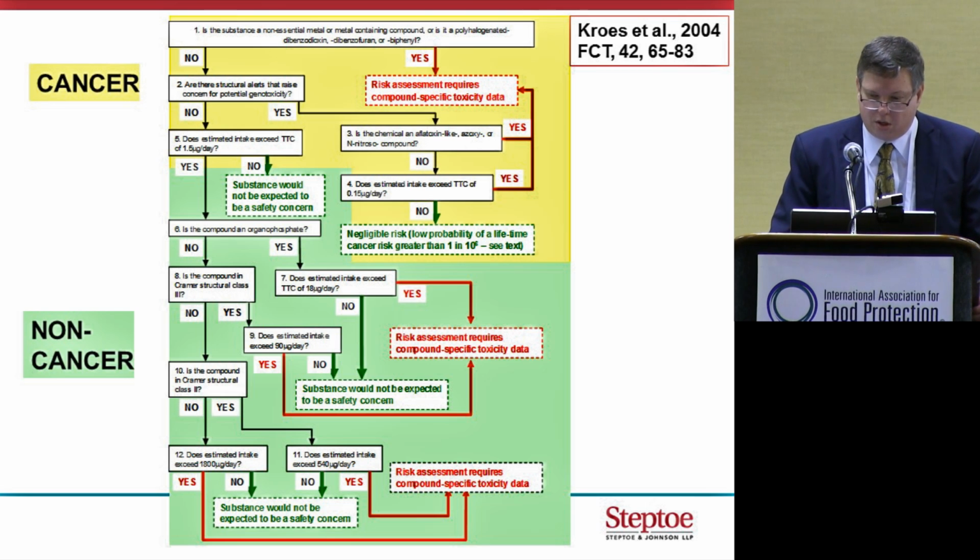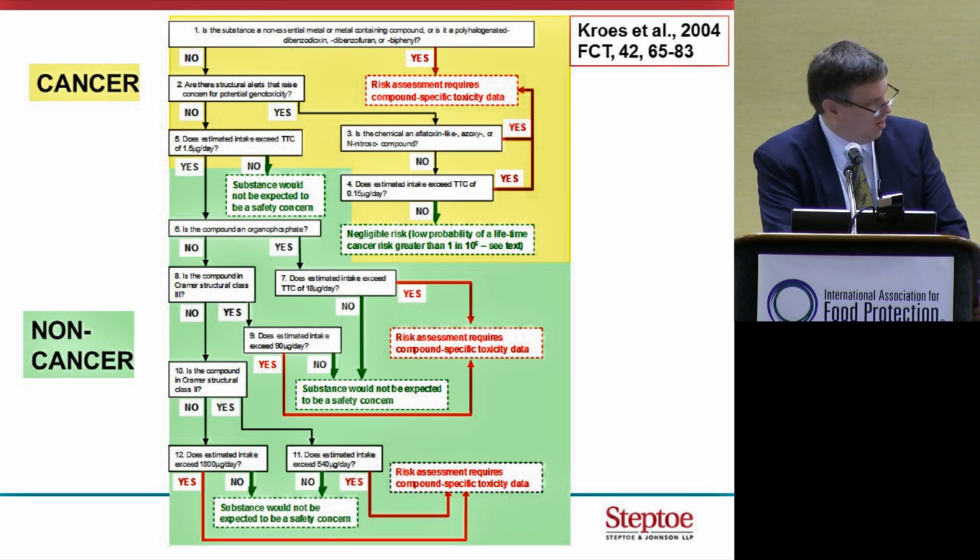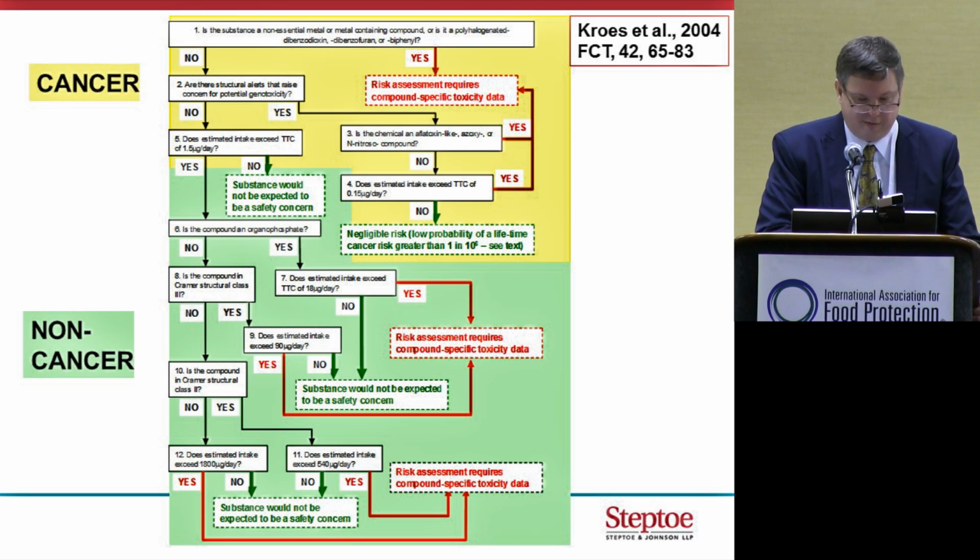It includes exclusion of potentially high potency carcinogenic structural classes, and uses mutagenicity or genotoxicity as a decision point with respect to applying the non-cancer thresholds, which are in the lower half.